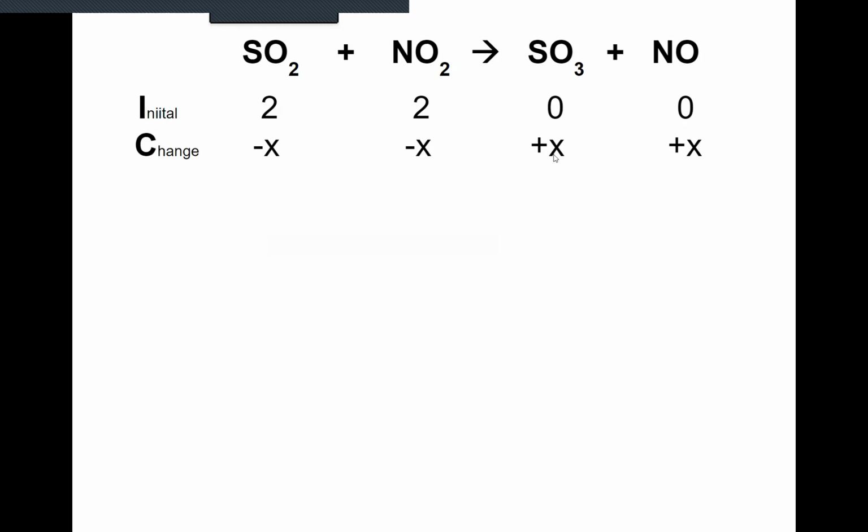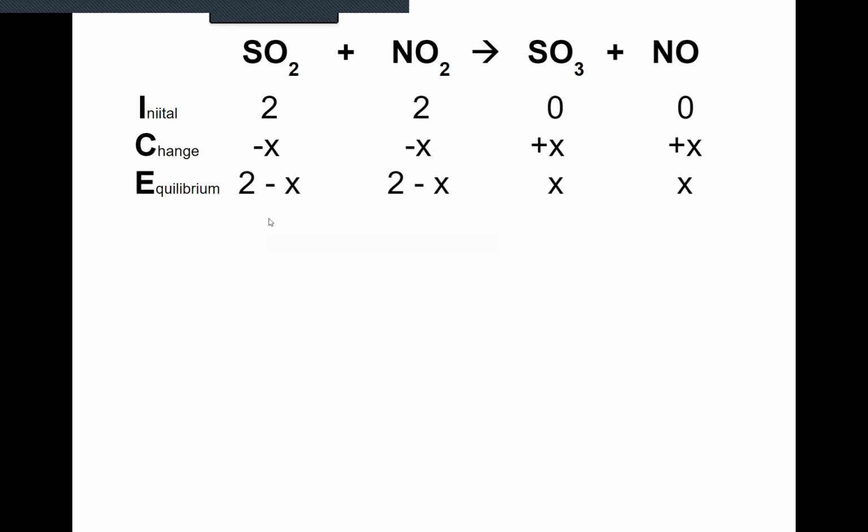Hence, plus X for the SO3 and plus X for the NO, minus X for the SO2, minus X for the NO2. We don't know how much, but we know that the SO2 and NO2 concentrations during the course of reaching equilibrium will have to go down, and the concentrations of the SO3 and NO will have to go up because we're shifting right.